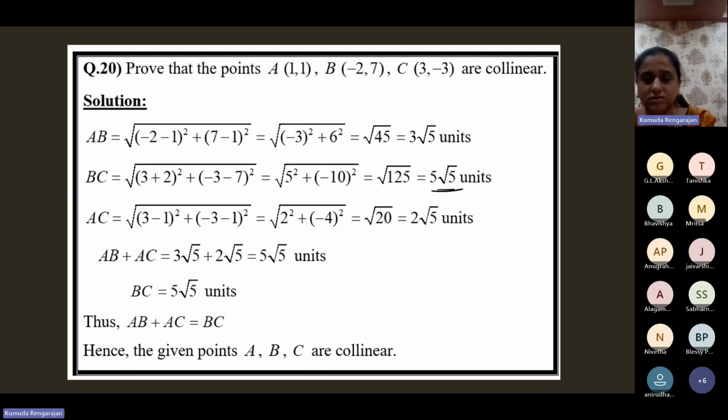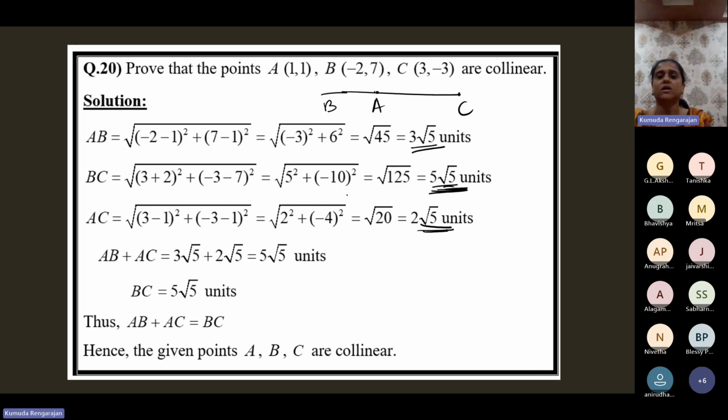This is the longest. So 3 root 5 plus 2 root 5, that is AB plus AC, is equal to 5 root 5. And BC is also equal to 5 root 5. So AB plus AC is equal to BC. So the arrangement is like this.